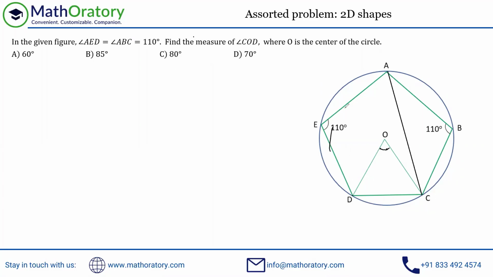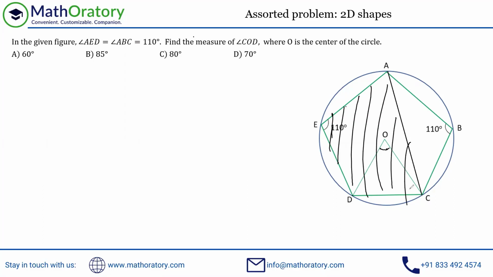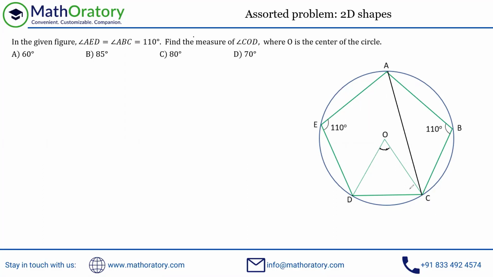Notice this quadrilateral, CAED. If you notice this quadrilateral, it is a cyclic one, right? This circle is a circumcircle of this quadrilateral as well. So this angle being 110 degrees, this opposite angle should be 70 degrees, right?